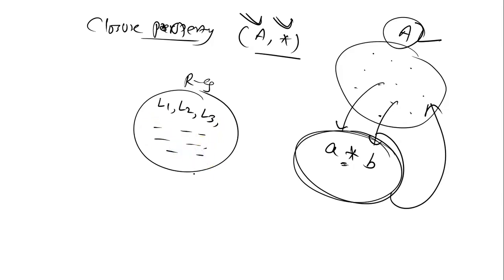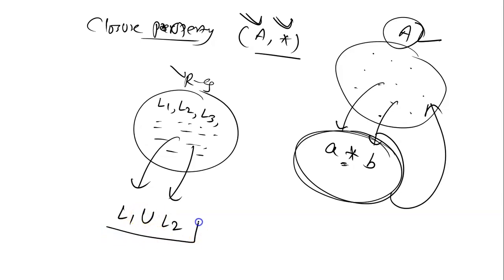When we say that the set of regular languages is closed under union, it means that if you take any 2 regular languages from this set and apply the union, the result must belong to this set. If this result, L1 union L2, is regular, then that's why we say the set of regular languages is closed under union operation.